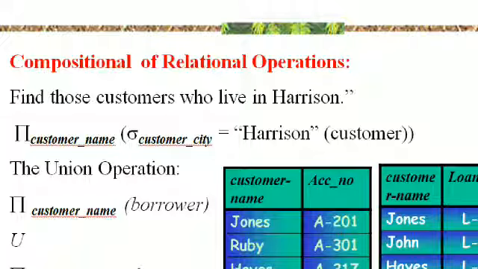How to write this compositional relational operation? To understand this, one example: find those customers who live in Harrison city. We want the names of the customers, so customer name is the column. So pi customer_name. In brackets we want the customers who live in Harrison. Harrison comes under the row values, so the select operation is used here, that is sigma customer_city equal to Harrison, and these two things belong to the customer table.